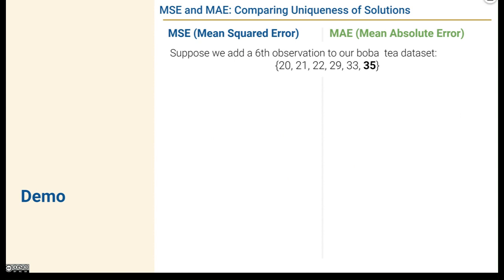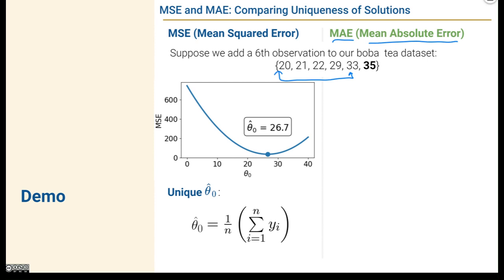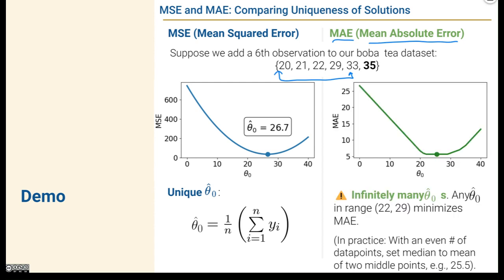Let's also compare the uniqueness of solutions. Something that we didn't address in our original data set of 5 is what happens if you have an even number of data points. How does this mean absolute error solution fall out, or what happens to it? Mean squared error has the property that I will get a unique solution. In this case, with my mean absolute error, if I add a data point here, there's technically infinitely many solutions.